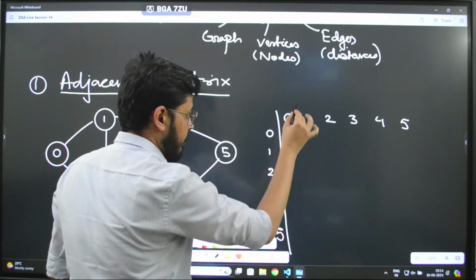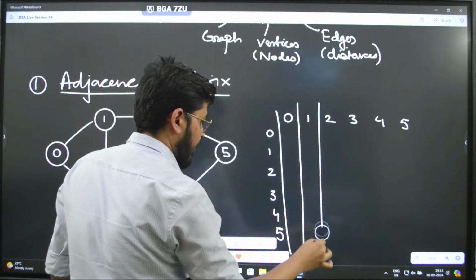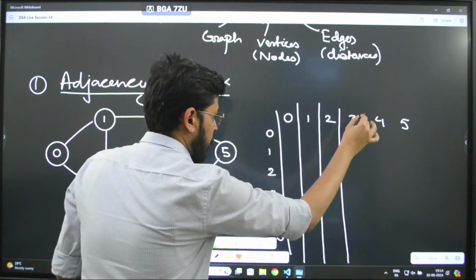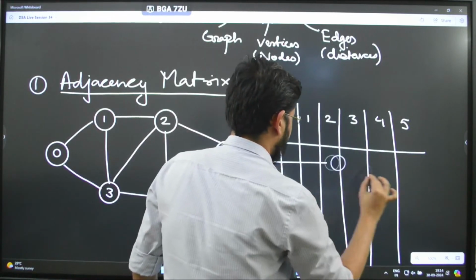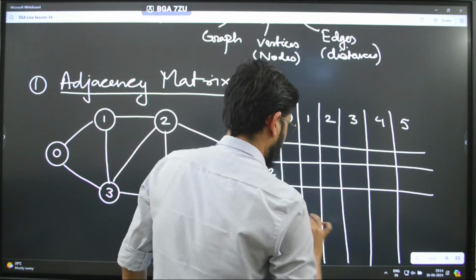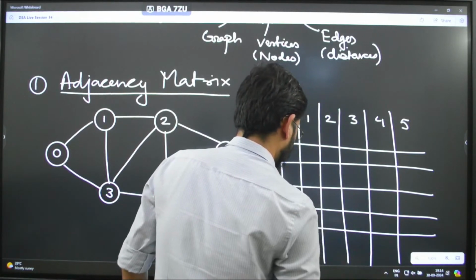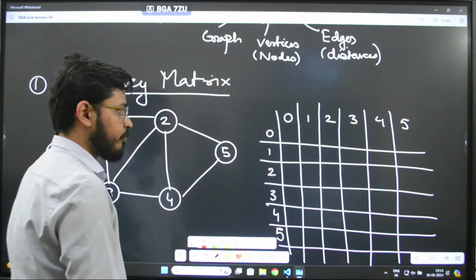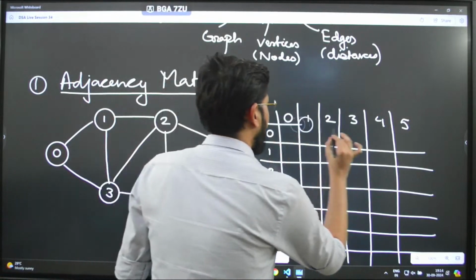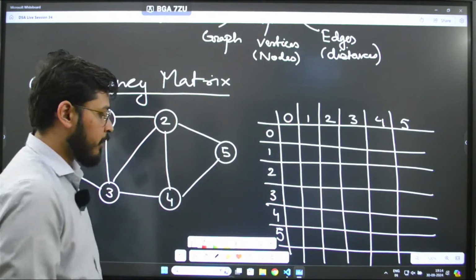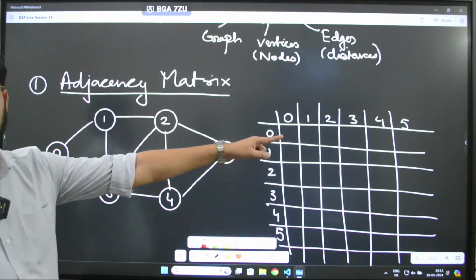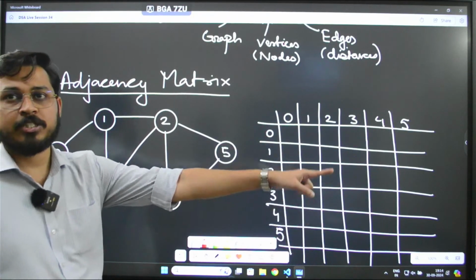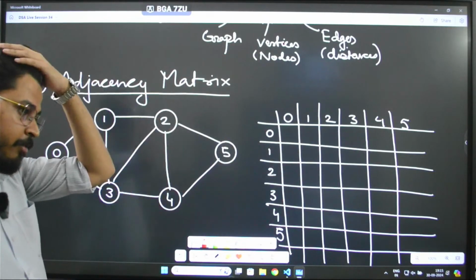Okay guys, like this you would have created the whole matrix, correct? So now in this matrix you would be putting up the weights in whichever coordinates the weights are available.